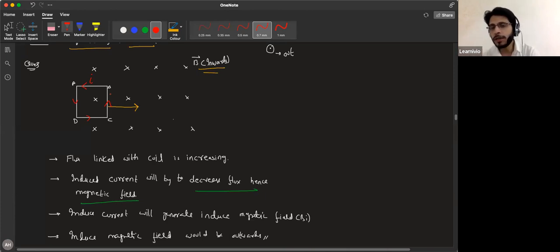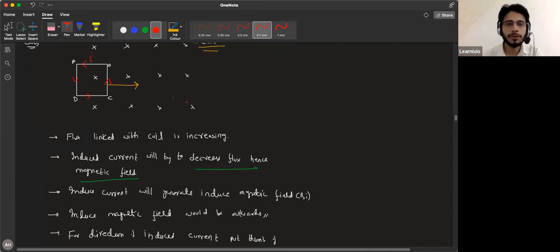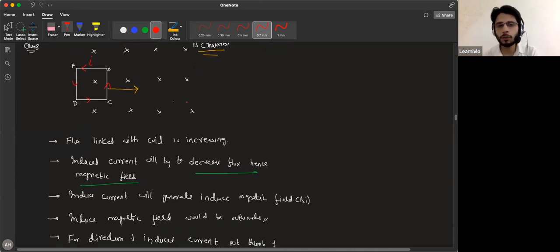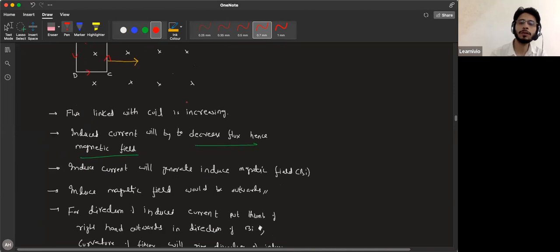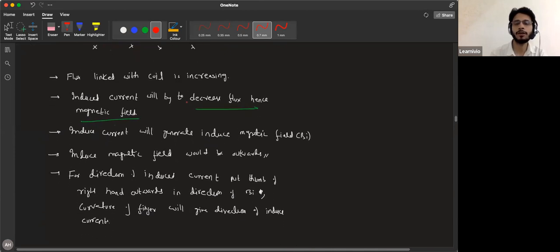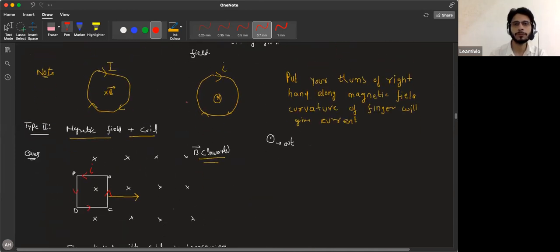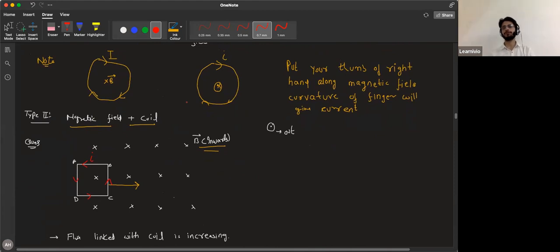The direction of that induced magnetic field will be opposite to this field, so that both fields cancel each other out. If the magnetic field decreases, then the flux will decrease. So the induced magnetic field is outwards, and you can apply the right hand thumb rule and you'll get the direction as anti-clockwise. Note it down. Then we'll do another question of the same type.